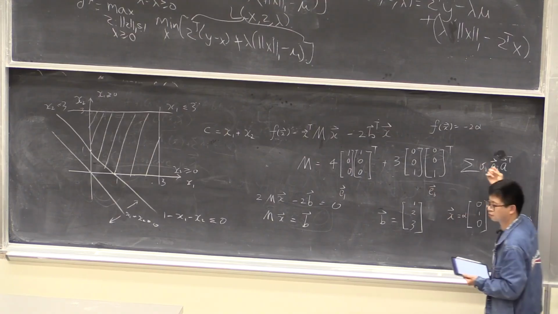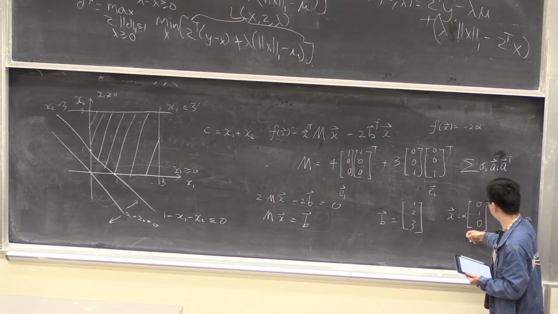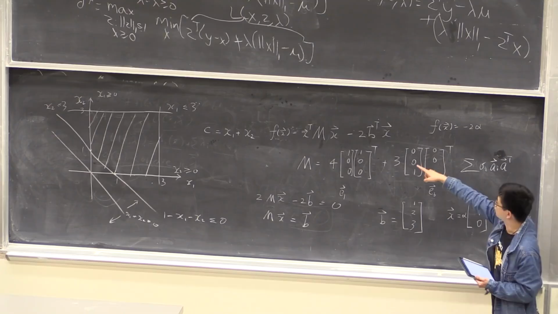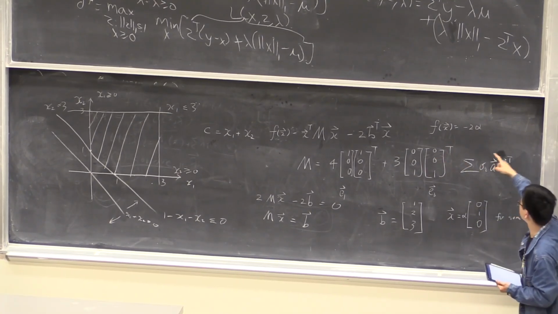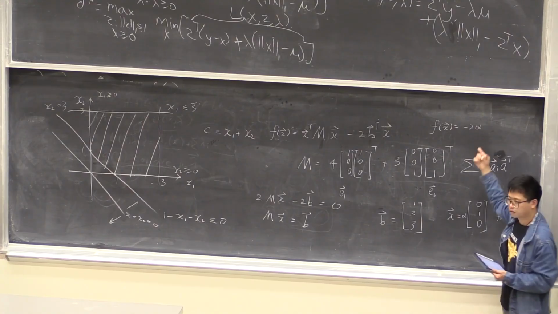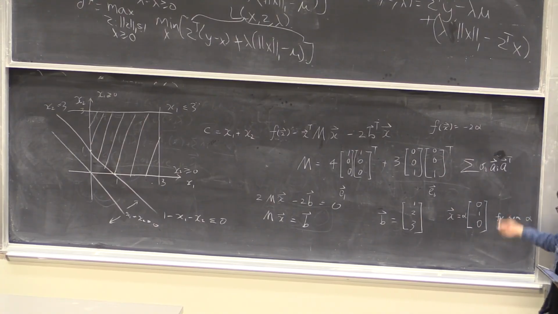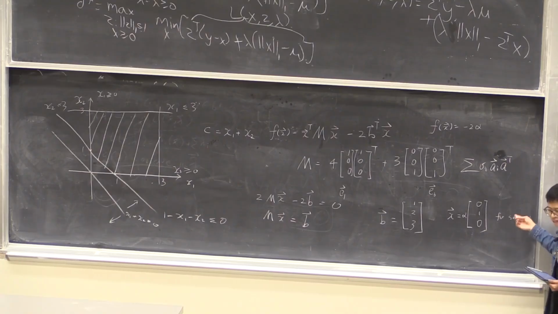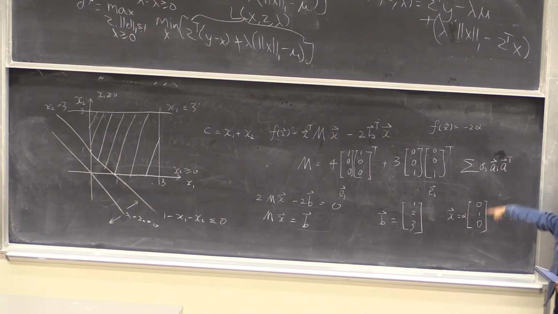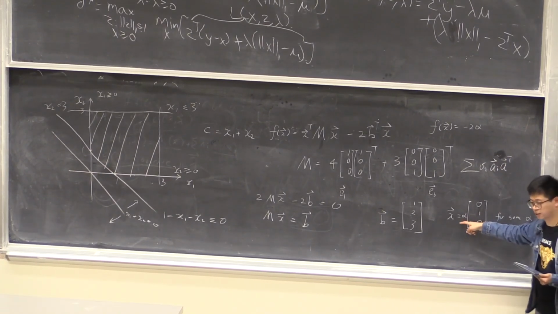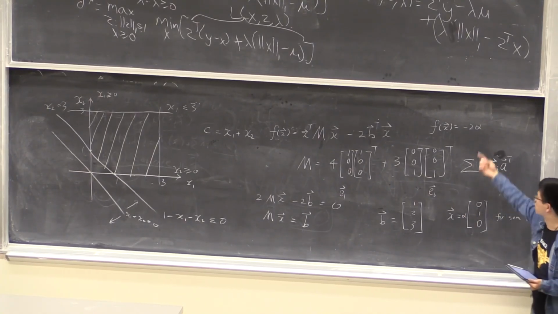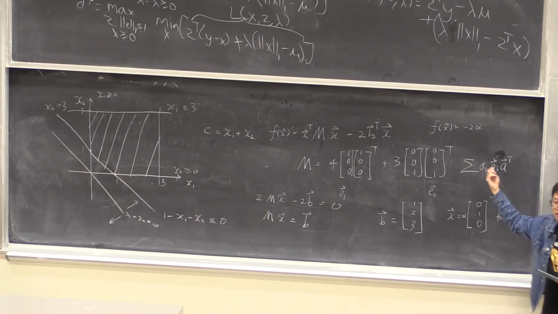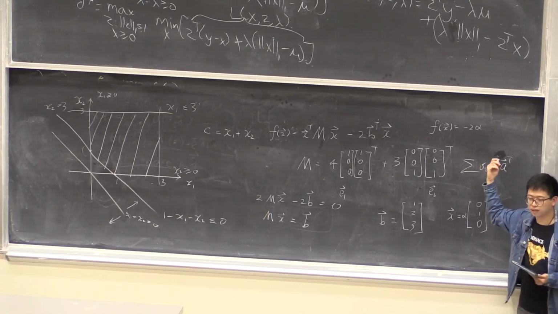We put this X in the objective function and we get f(x) equals minus 2 alpha. Because alpha can be anything, we can move this wherever we want, so this can evaluate to minus infinity if we want.